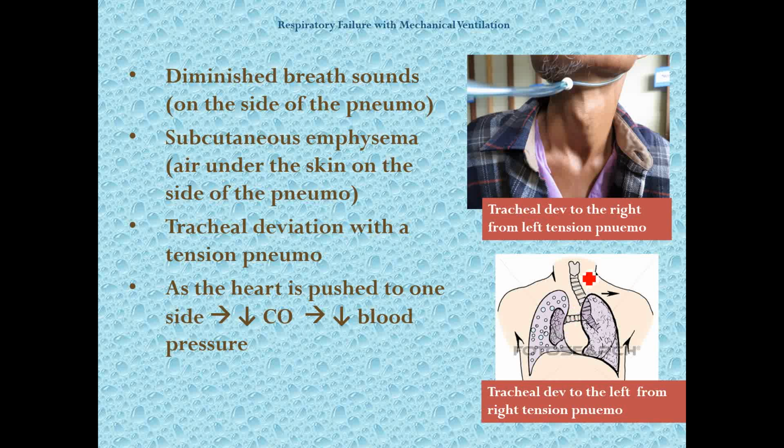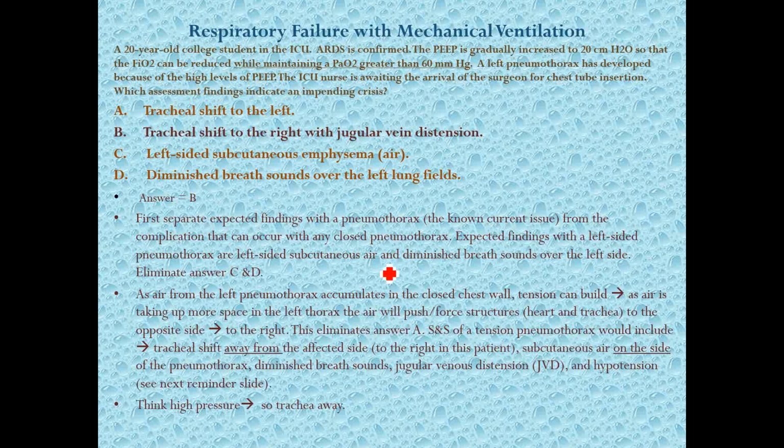And therefore, as air goes in, air will leak out through the alveoli and collect in the pleural space, and as more and more air collects, then the lung will collapse. And this air can slowly leach out into the subcutaneous space. So that is what is happening here.